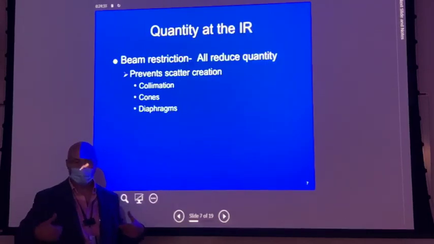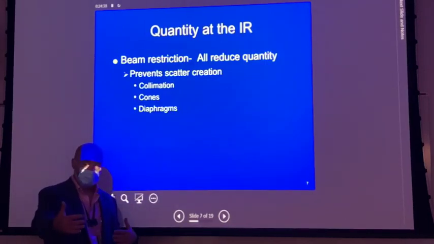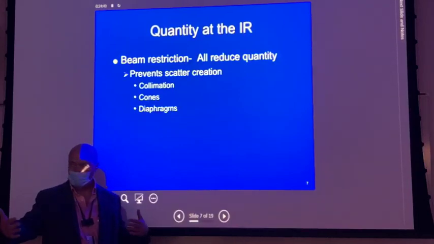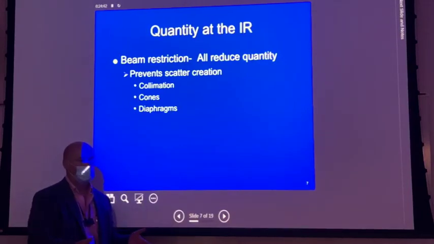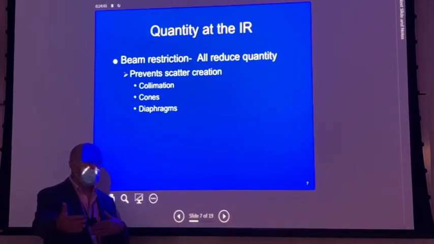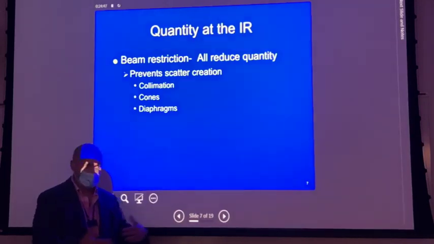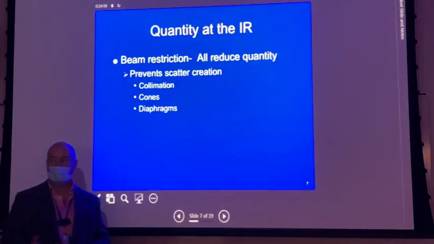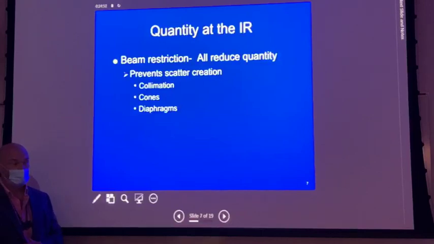It would represent kind of like a KUB. Shoot it with the x-ray beam wide open and watch what your machine shoots out with. Then collimate in just to the area right in between and shoot it a second time and see if your technique changes at all. Your phototime should change.